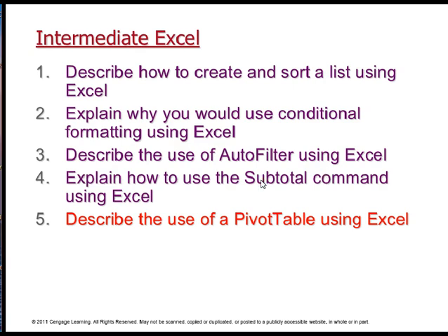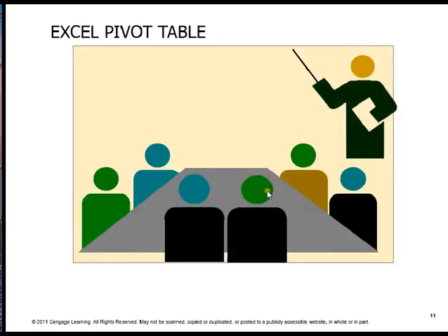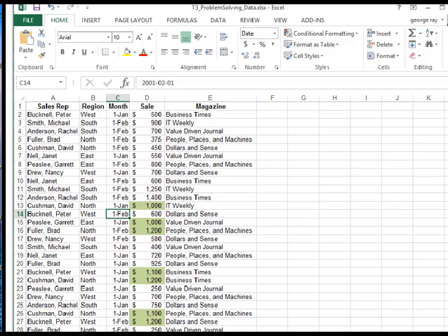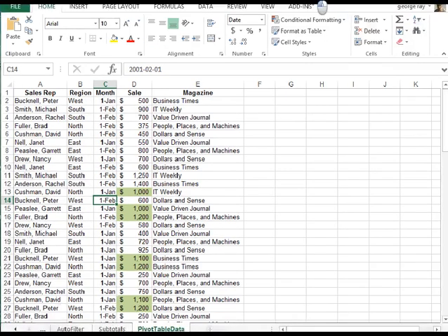So let's see how we make a pivot table in Excel. Now this time I'm going to be using a larger set of data. So I'm using a different worksheet here, and I'm going to click on any cell in the list of data.